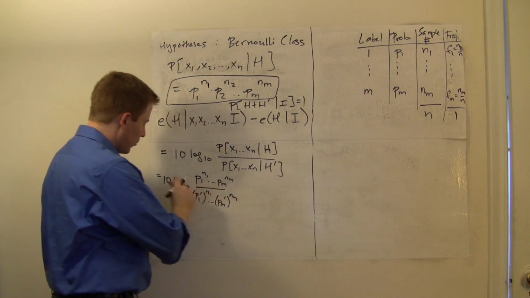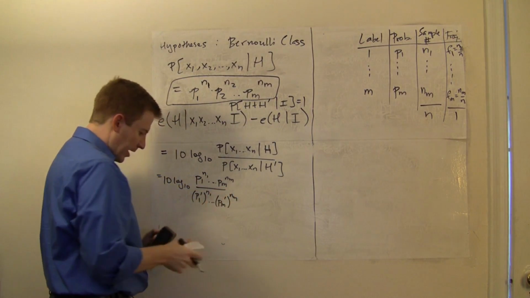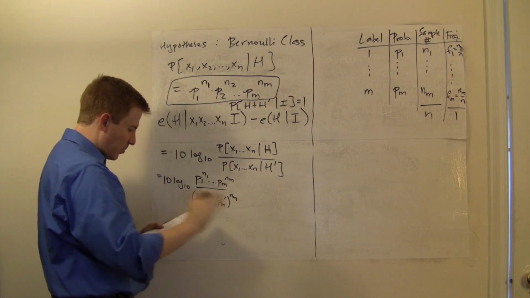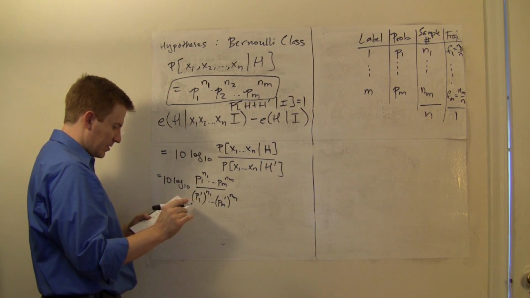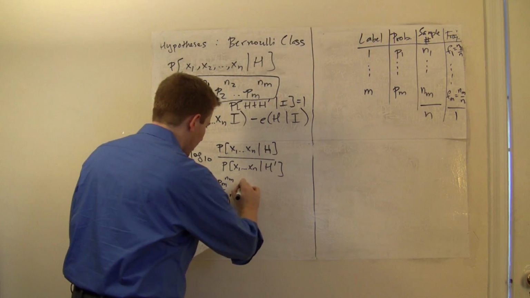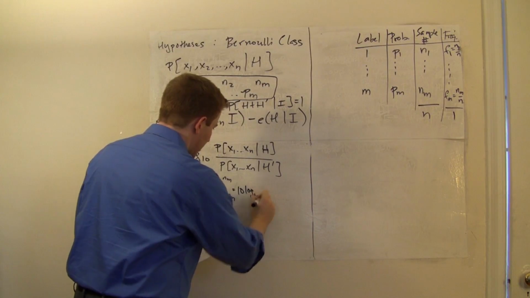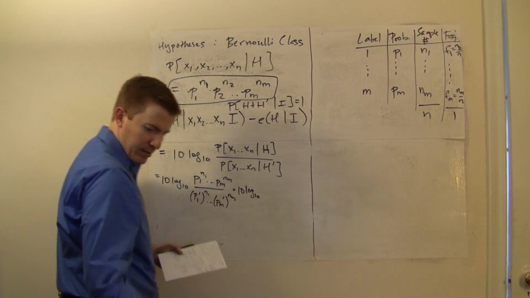So let's multiply and divide by those things, just to express these probabilities relative to those frequencies. It's going to look a little weird, but hopefully it will make sense.